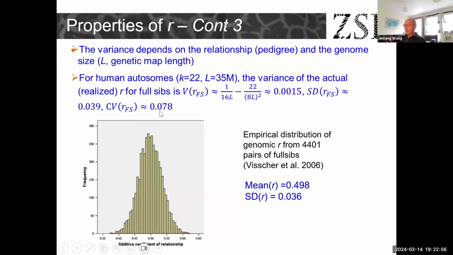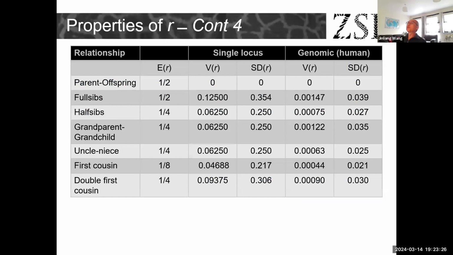In reality, here we are talking about humans, but if you are talking about your own species, because the genome size varies, the real variation in realized relatedness can be different from the human example, but there is always a variance there. We need to remember that.